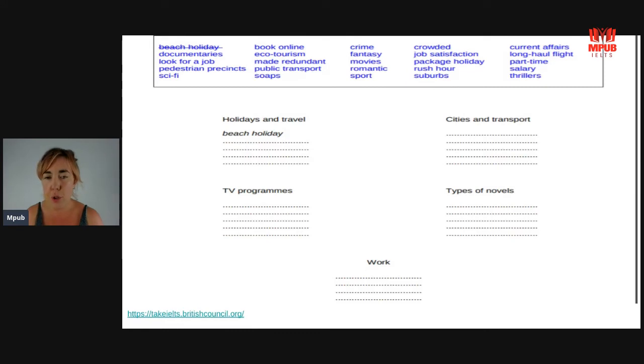If you've just joined the chat, what you're doing is matching the words and phrases at the top, putting them into the categories. Pedestrian precinct is parts of the city where no cars are allowed and only people can walk.